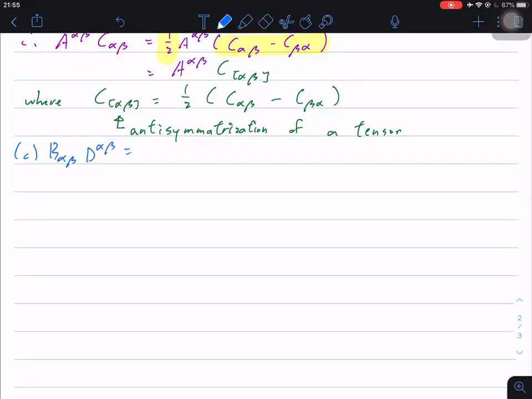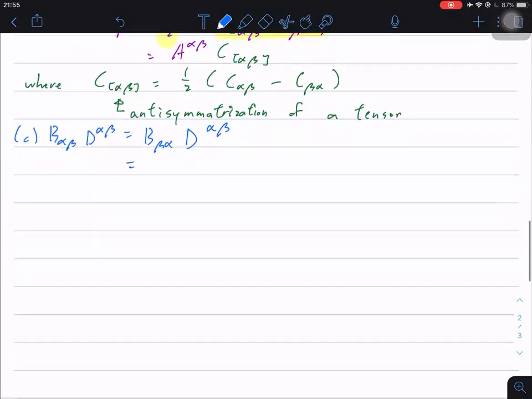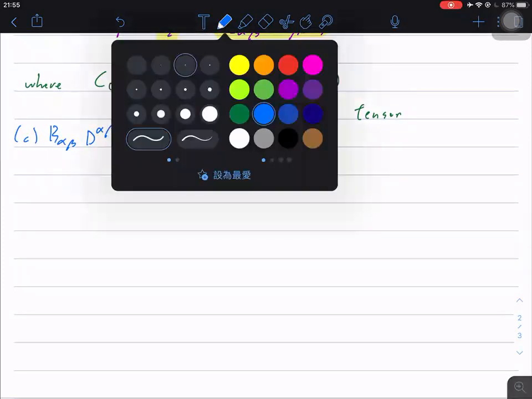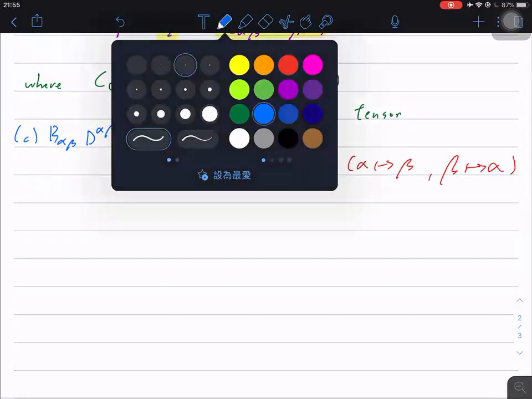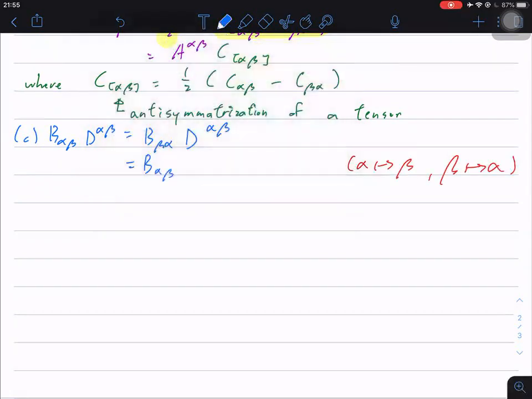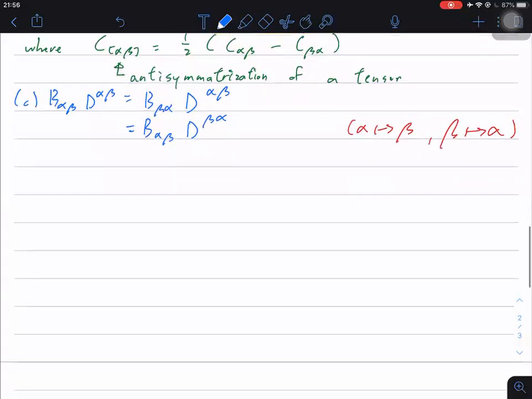So I just quickly write this down. First of all, B is a symmetric tensor. So you swap the index of B alpha beta to beta alpha with nothing changed. And then again, you rename the index. You rename alpha to be beta and beta to be alpha, since they are dummy indices. So right now you obtained B alpha beta and B beta alpha.